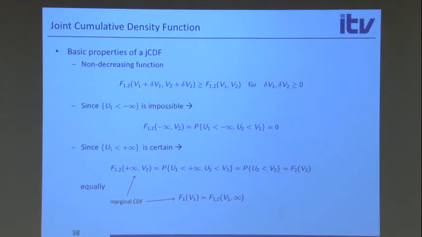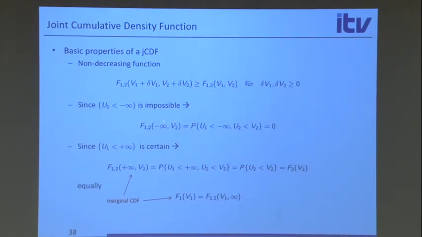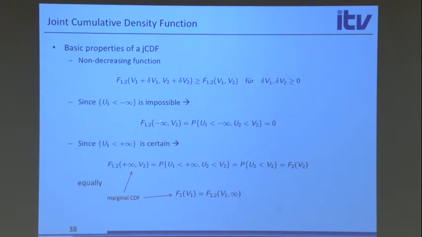So I have this function, the CDF, as a function of 2 variables, and I can evaluate it, for example, at v1 equal to minus infinity. Because v1 smaller than minus infinity is not possible, that's always 0. So if one of these is chosen to be minus infinity, it's always 0.